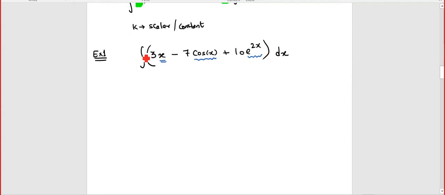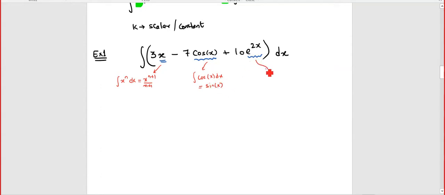Okay, let's quickly see what the rules are for these. The matching rule is x power n dx, which says x power n plus 1 over n plus 1. For this, the matching rule is cos of ax plus b, or you can simply say cosine of x dx, which says it is sin x.